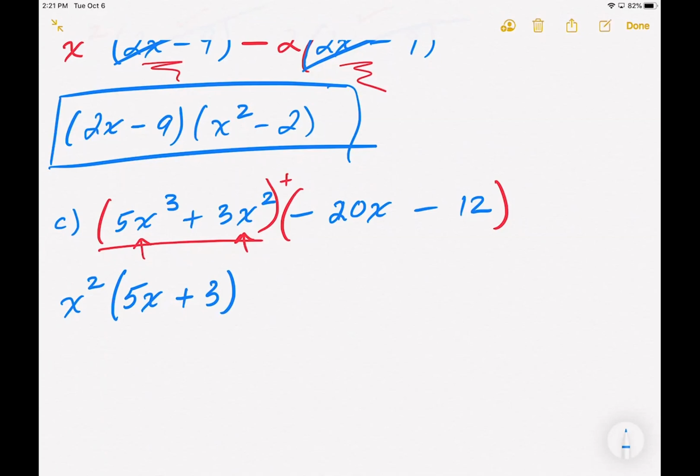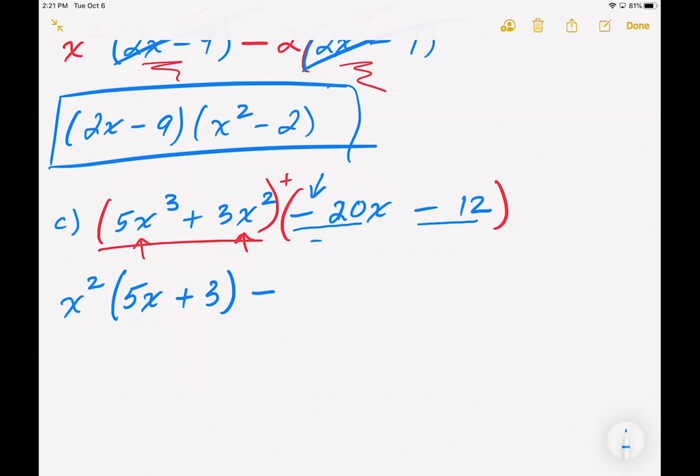I told you guys that if we include a negative, when you factor out, we need to factor out a negative. And in this case, between negative 20 and negative 12, what can you take out?